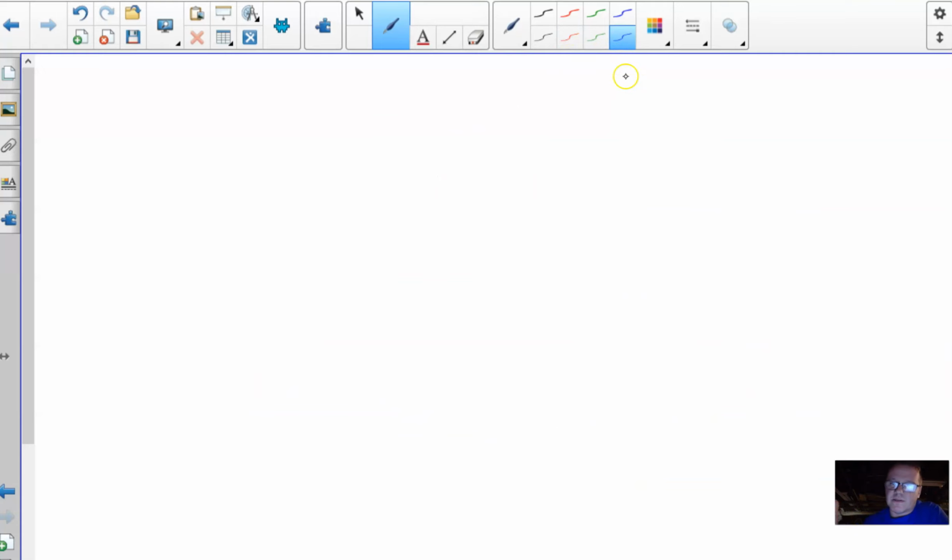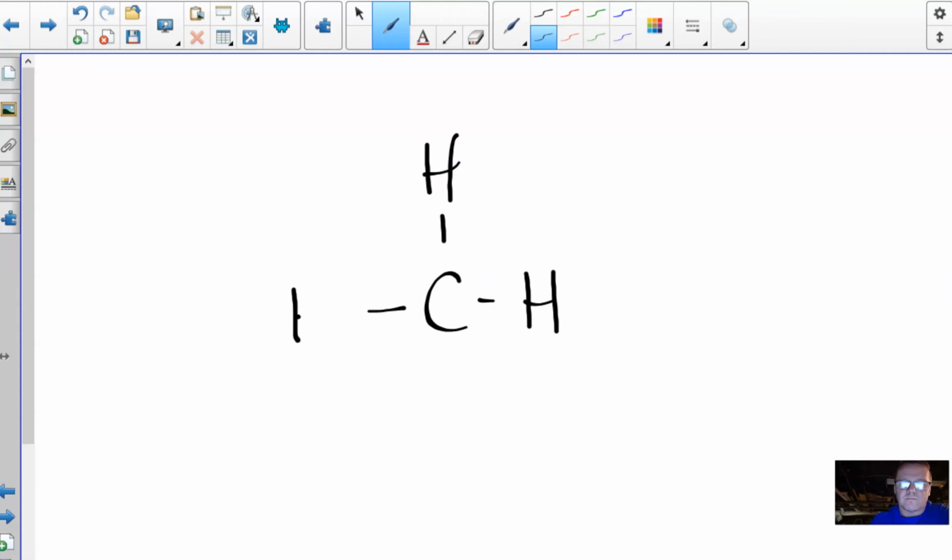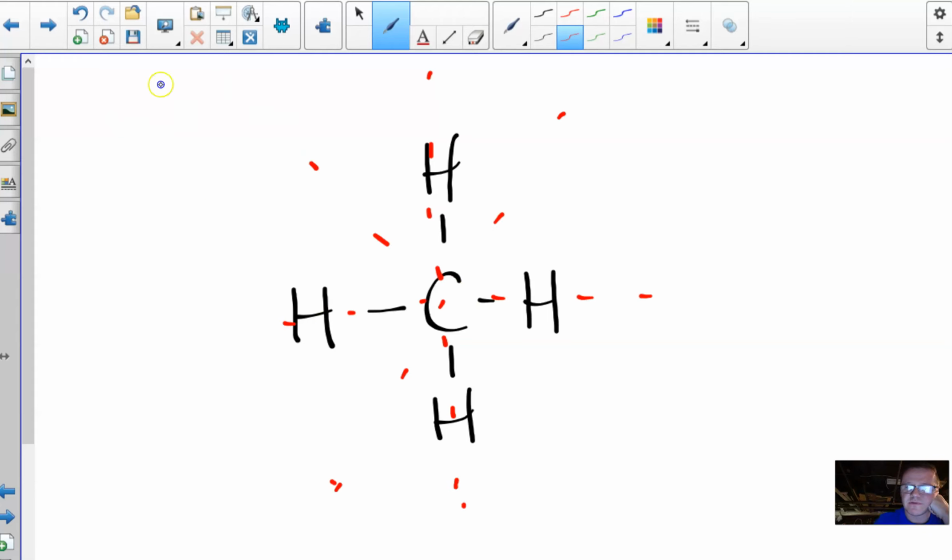All right. Let's check one out that is symmetrical. Okay. Take the compound methane. Notice here, you've got hydrogens on all four sides. You don't have any lone pairs. So you could bend that thing across that axis, you could bend it across that axis, you could bend it across that one, that way.